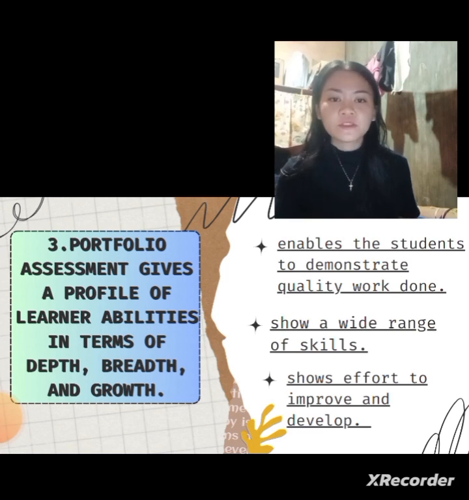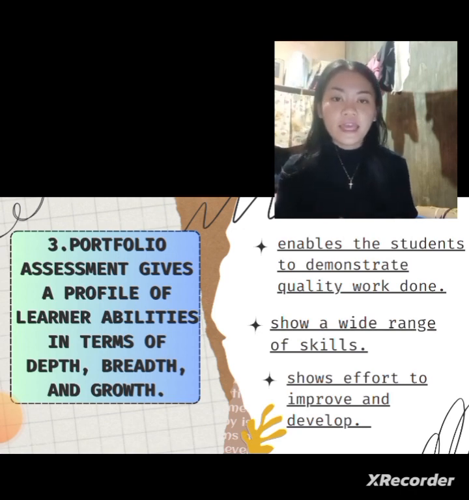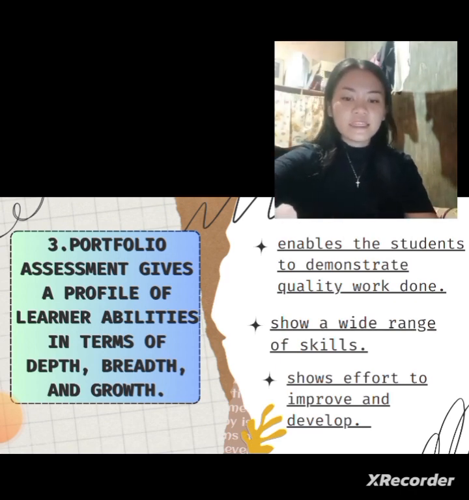It enables the learners to demonstrate quality work, show a wide range of skills, and show effort and improvement. It enables students to portray quality work without the pressure and constraint of time present in traditional testing, through the help of resources. It also enables learners to create more creative output.